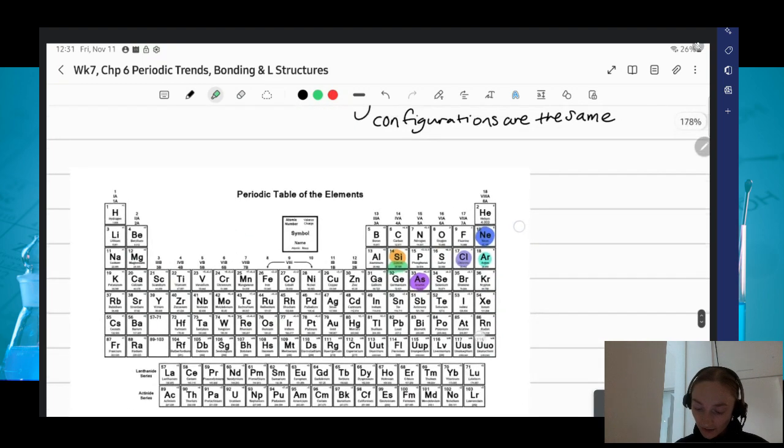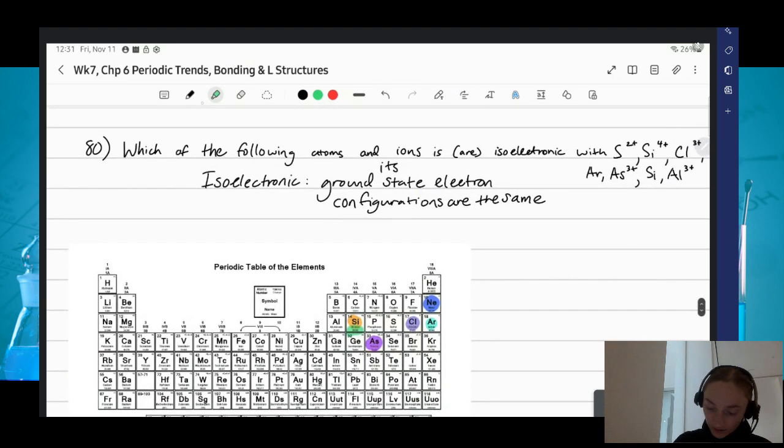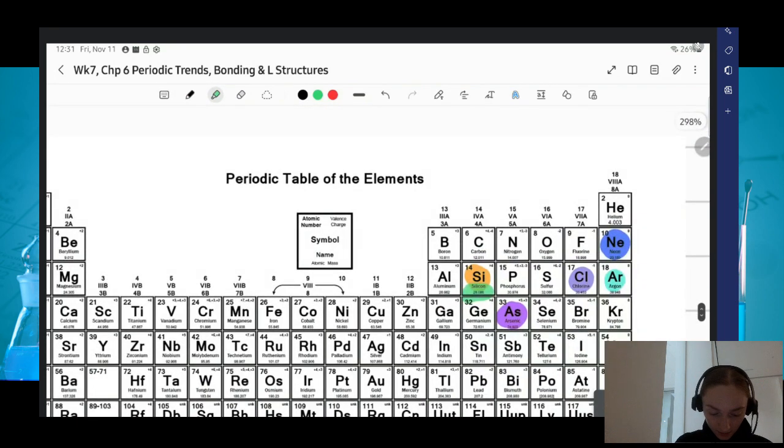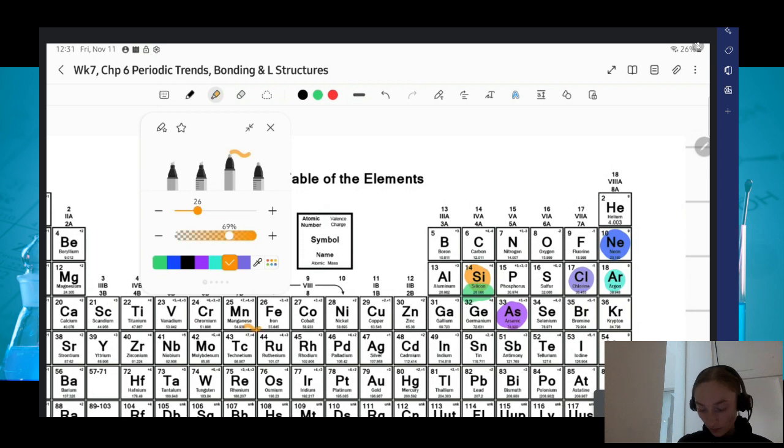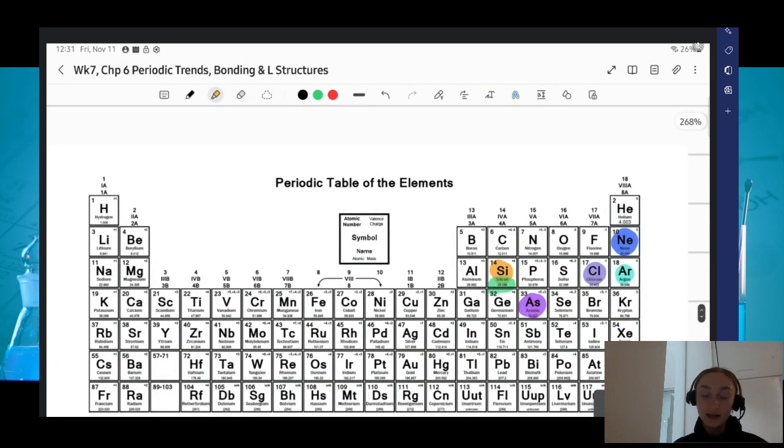Okay, so we have sulfur, we have the aluminum, so we got rid of these. And for silicon, the 4 plus ion, since it's right here, highlighted in the orange, it lost 4 electrons, so we have to put them back.